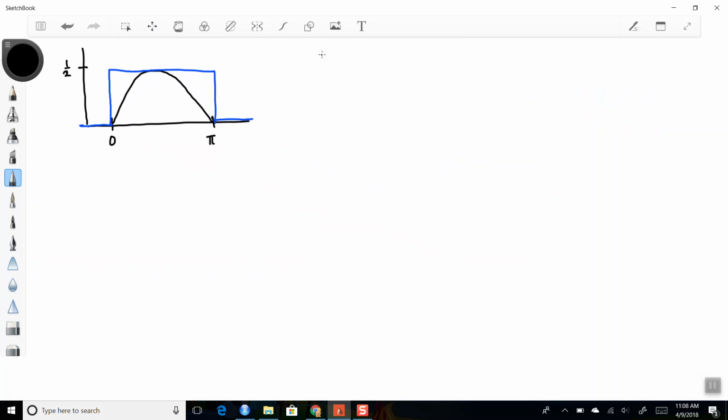If we have f of x equal to 1/2 sine of x, the max value of f is 1/2, right? And meanwhile, g of x is equal to 1 over pi.